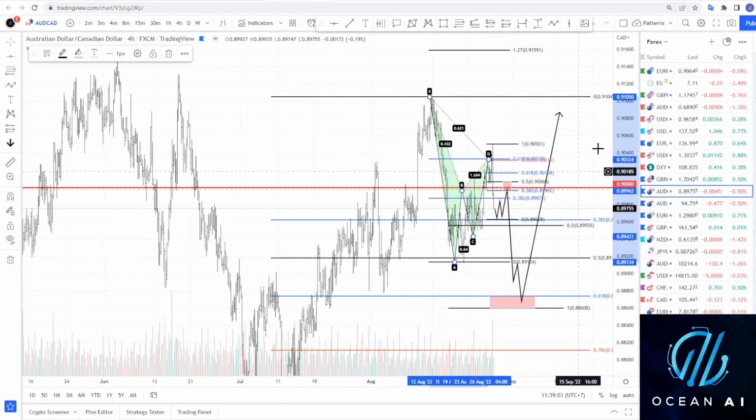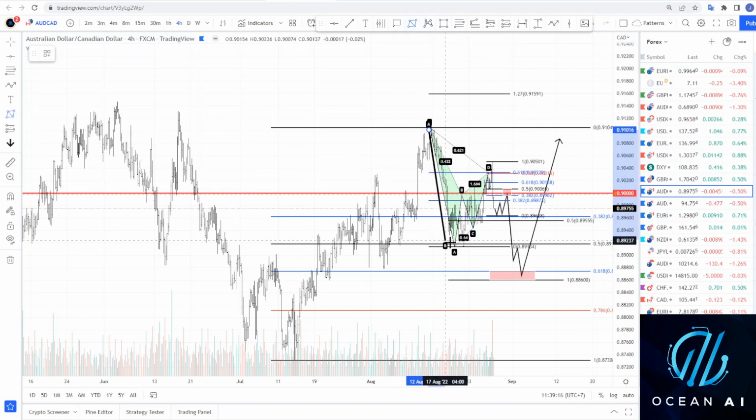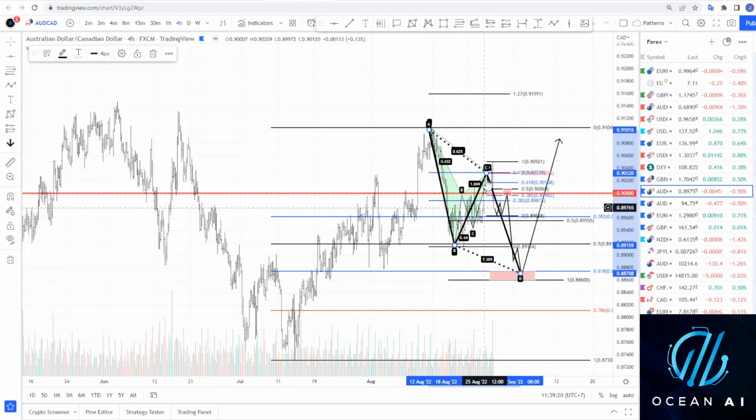We've had this run up off the low here, and then we get that sharp sell-off, we get that ABCD back into here, and that creates the setup for the bigger pattern. So we're looking for that bigger pattern to come down into here, and that's the setup: the smaller ABCD inside the bigger BC leg there.